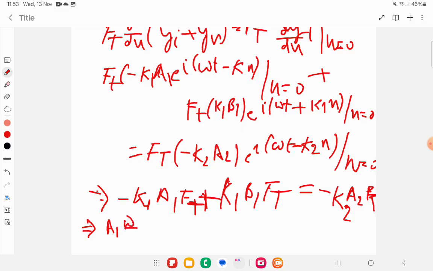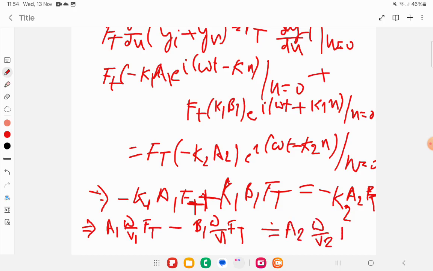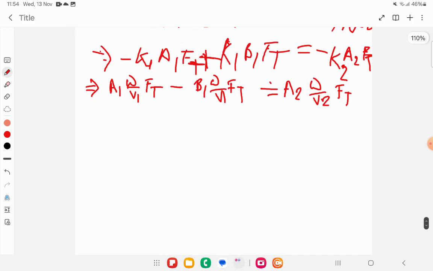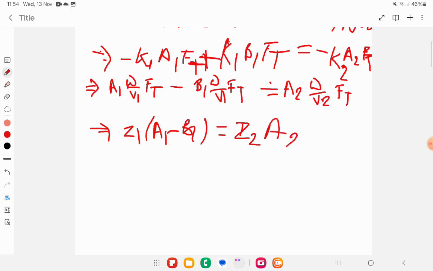So A1 omega by v1 Ft minus B1 omega by v1 Ft is equal to A2 omega by v2 Ft, which gives Z1 (A1 minus B1) is equal to Z2 A2.